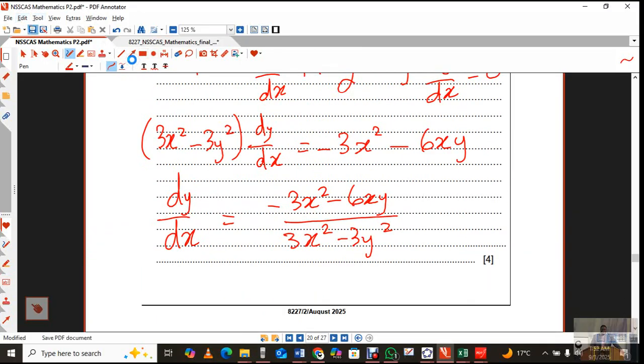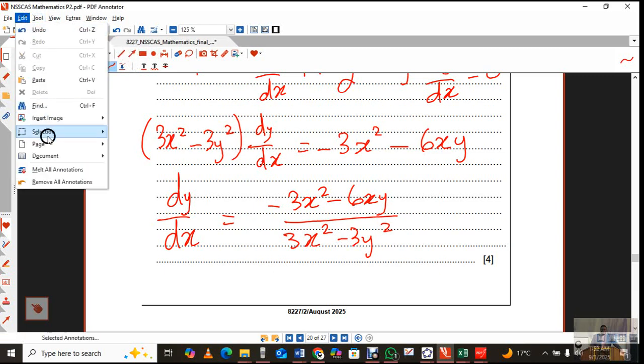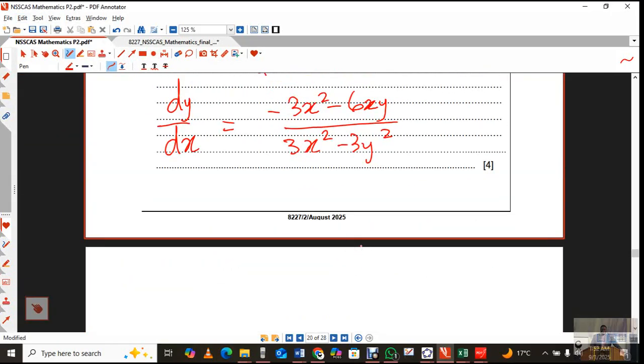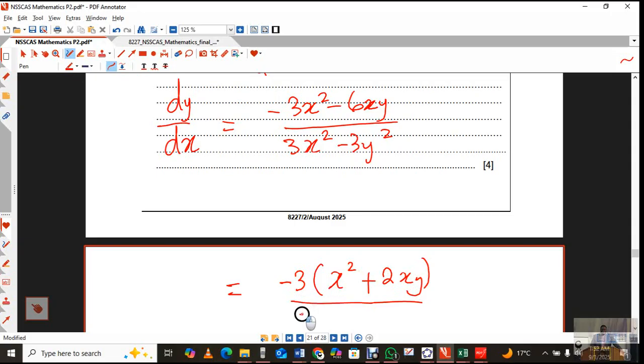Let me just save and append a page. Right, so this is equal to, take out a negative 3. If you take out a negative 3, you're going to have x squared plus 2xy, very important. Take out a negative 3 over here, that's going to leave you with x squared minus y squared.